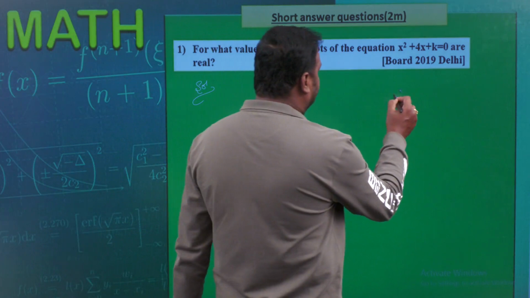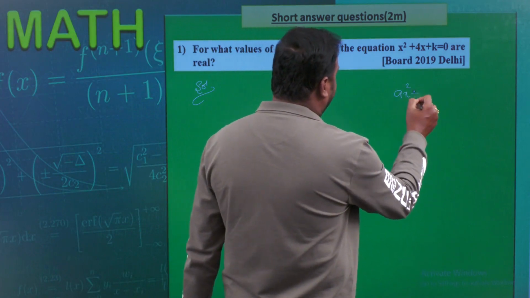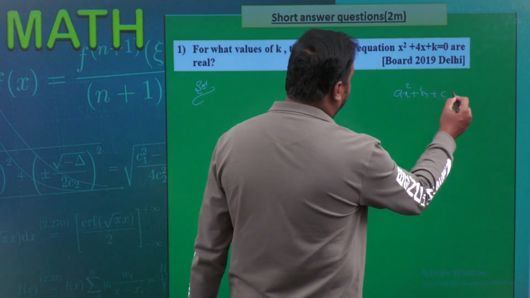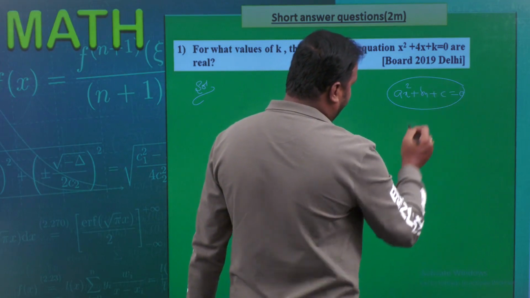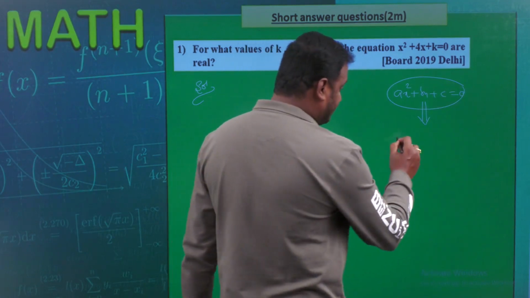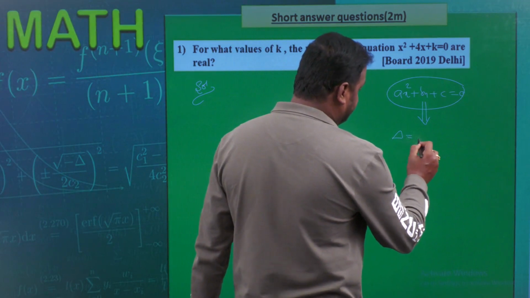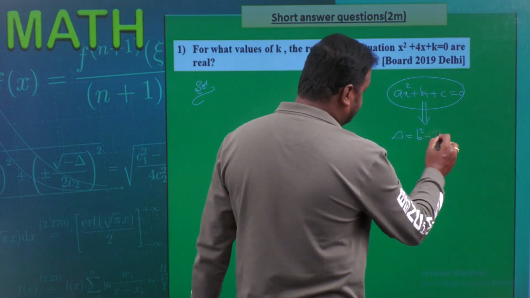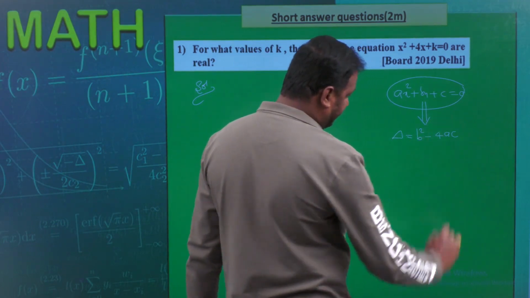For example, if your given quadratic equation is ax square plus bx plus c equal to 0, then the nature of the roots depends upon the value of delta, which is called the discriminant, that is b square minus 4ac.